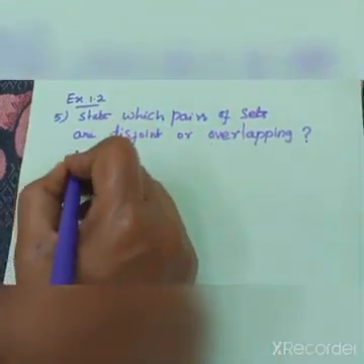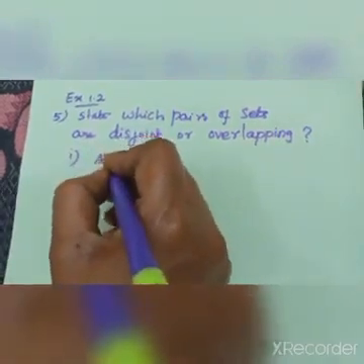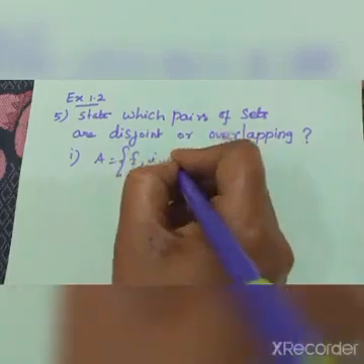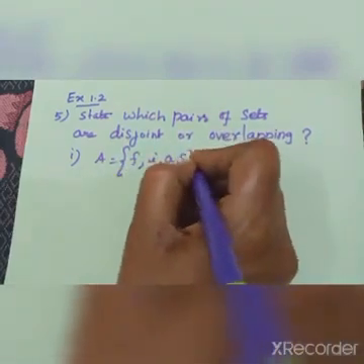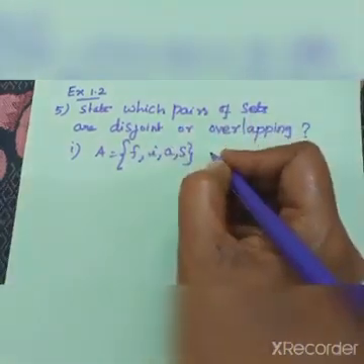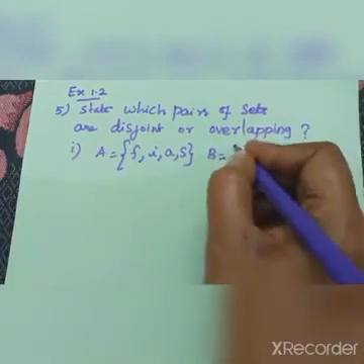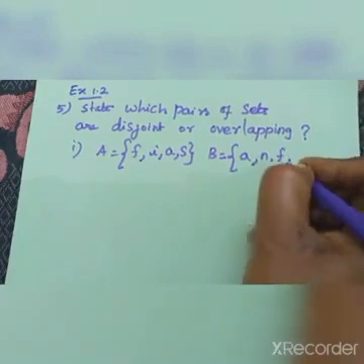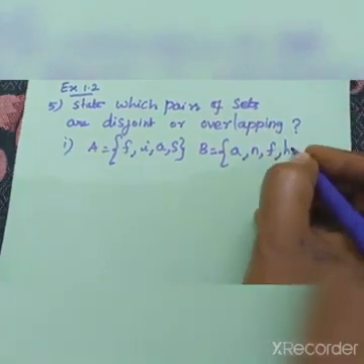Here, the first subdivision: A is equal to {F, I, A, S} and the set B is equal to {A, N, F, H, S}.